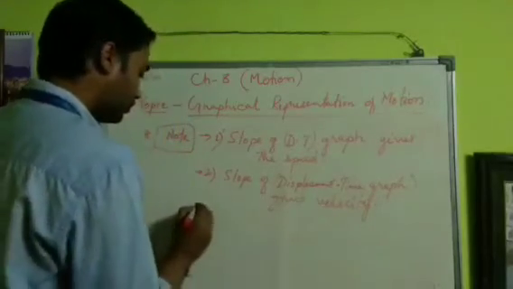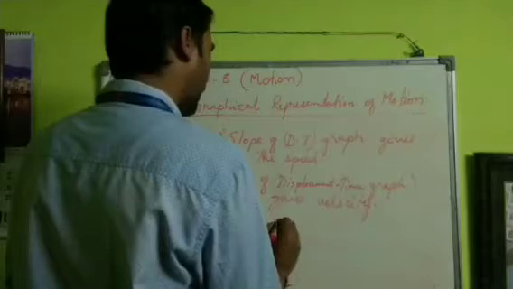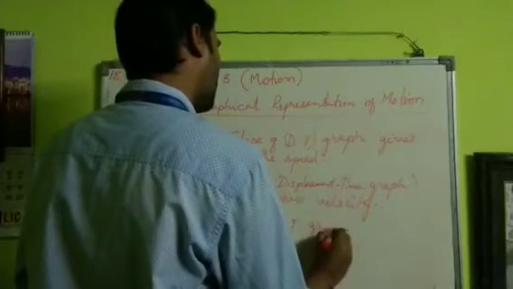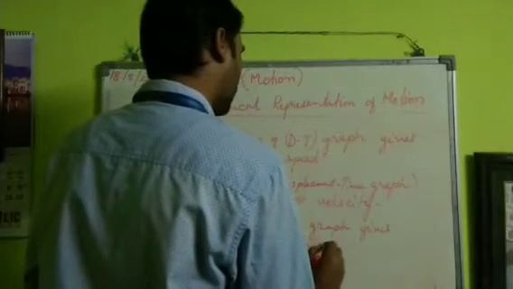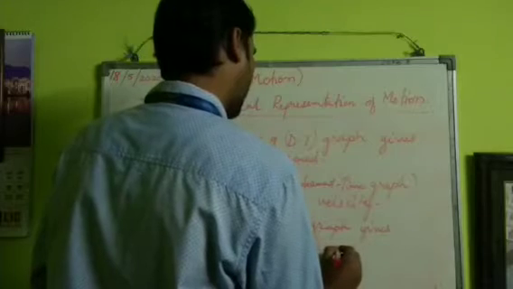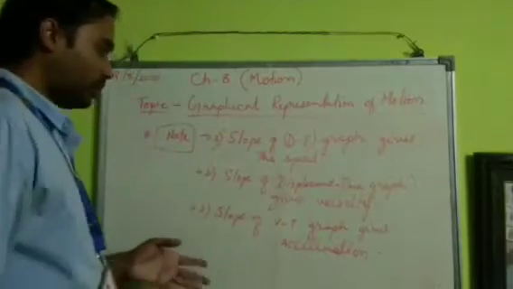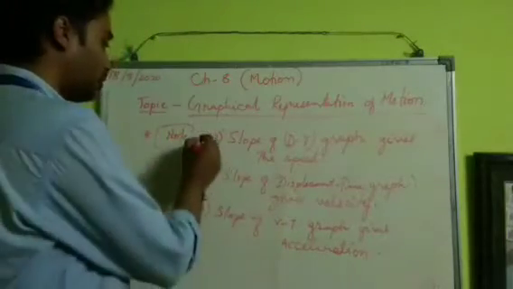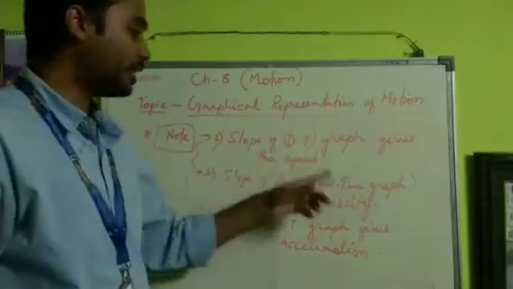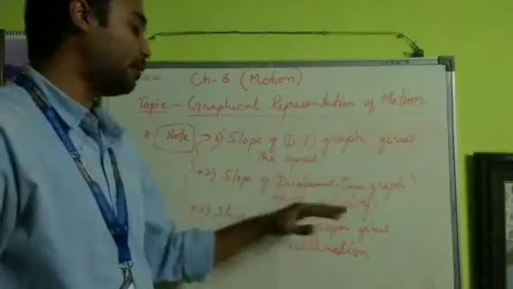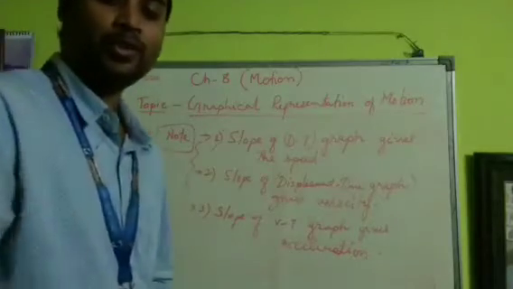Again, slope of velocity time graph gives acceleration. So these are a few important things which you have to note down in your copy. So slope of distance time graph gives speed, slope of displacement time graph gives velocity, and slope of velocity time graph gives acceleration. Now let us discuss the different types of graph.